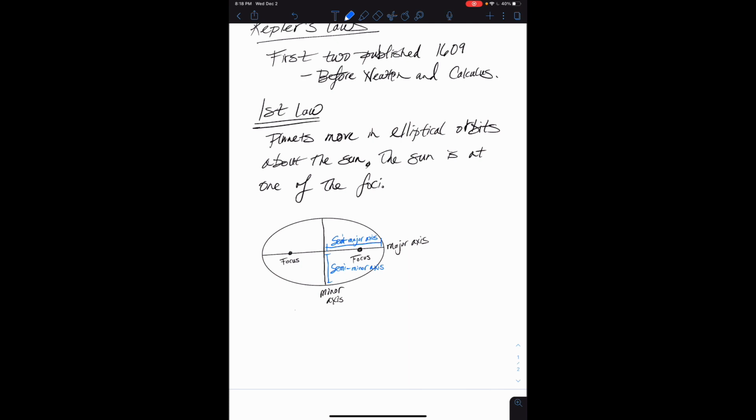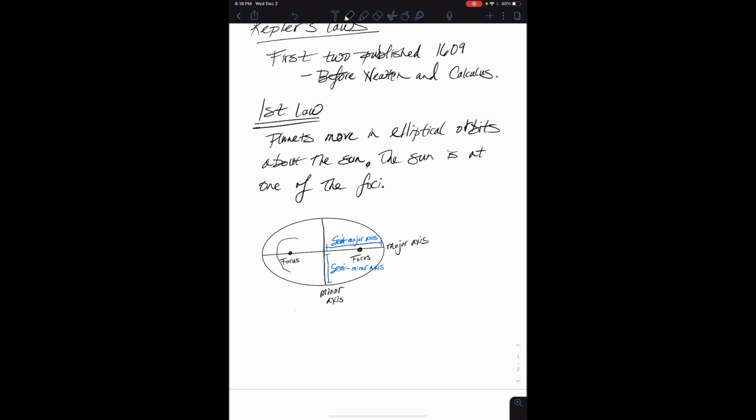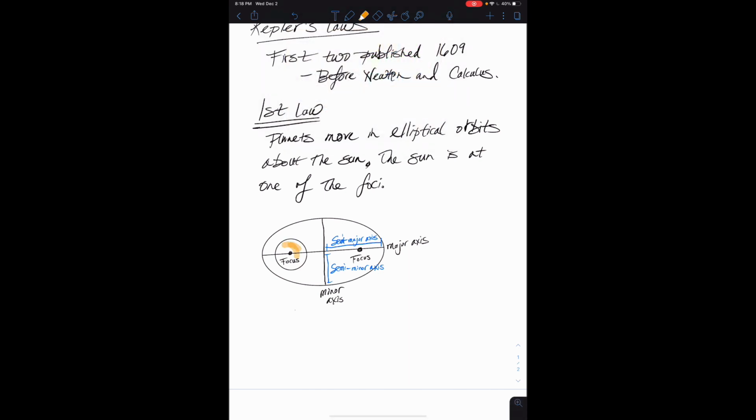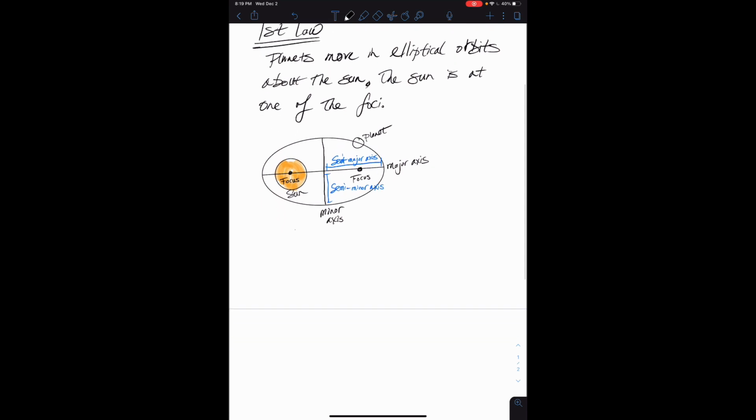So, when the planet orbits the sun in an elliptical orbit, the sun itself is at one of the foci. So the sun will be right here. And the planet might be, say, here. All right, good.